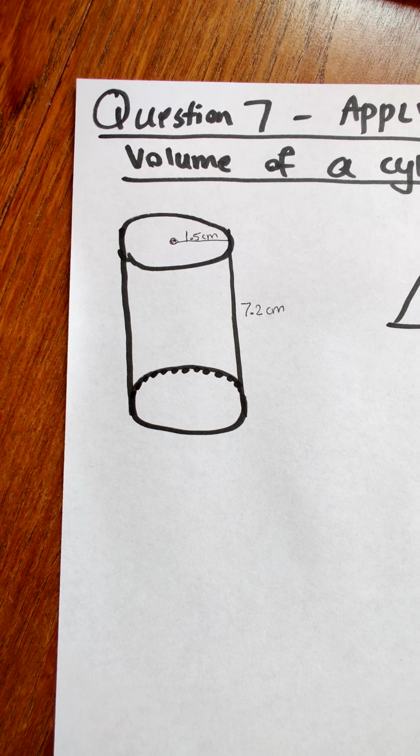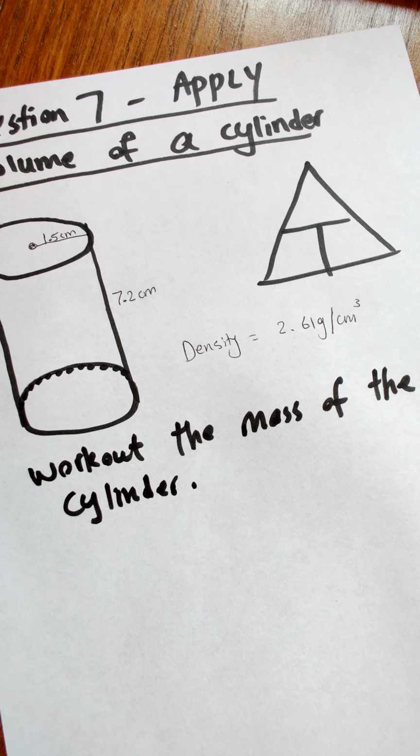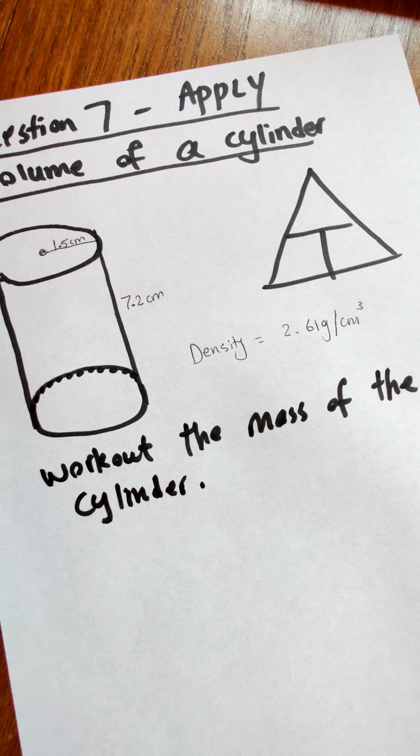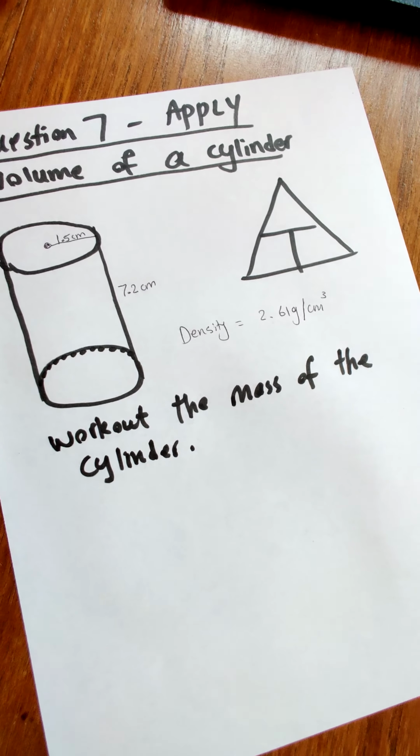And the question said work out the mass of the cylinder. So when it says work out the mass of the cylinder, obviously we need to know a formula for mass.